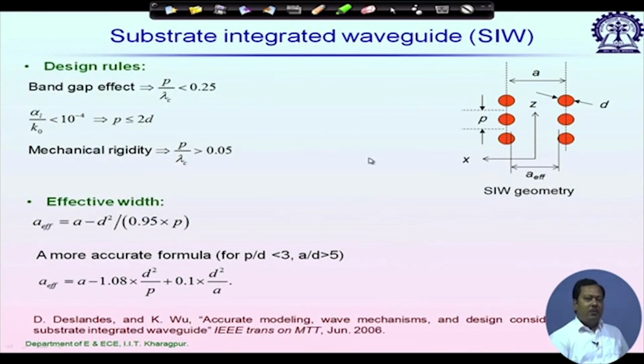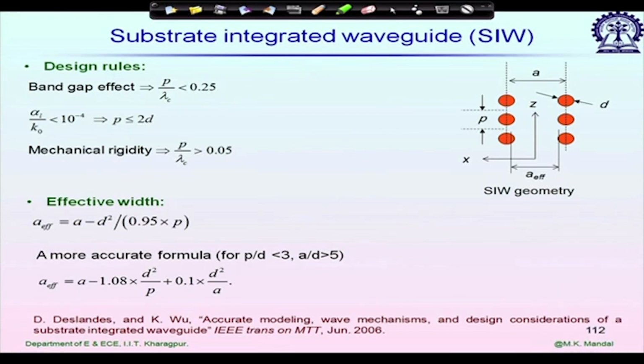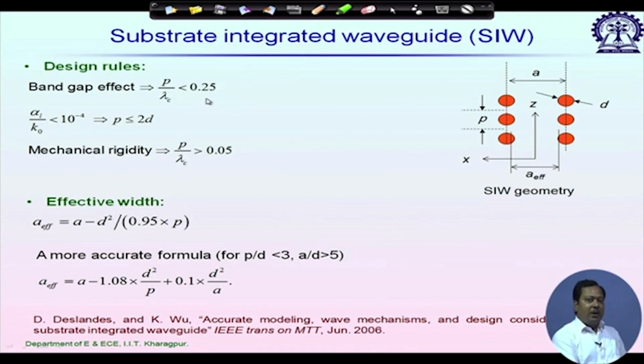So, now we know enough theorems. Let us see then what the design criteria are. Design rules are described here. The first rule comes from the band gap effect at the band edge, the upper cutoff frequency. P by lambda c should be less than 0.25, as already discussed.